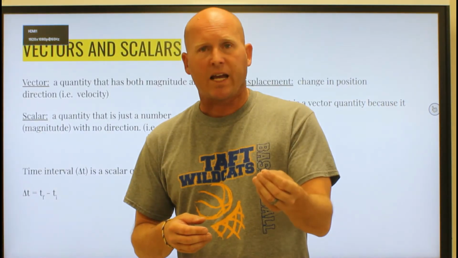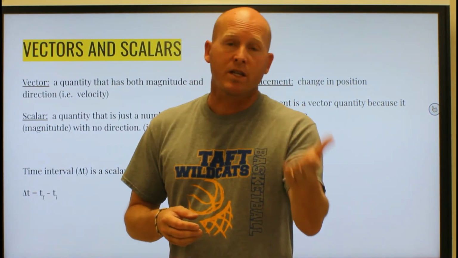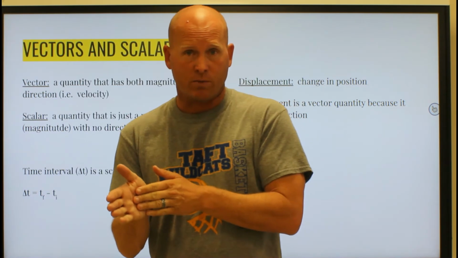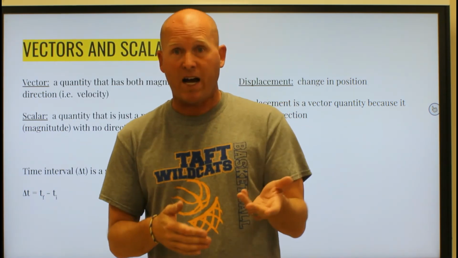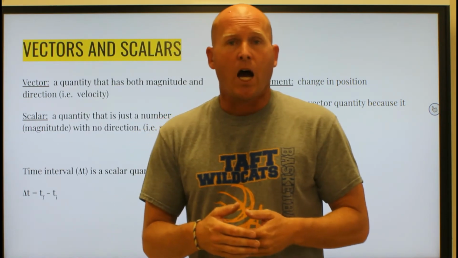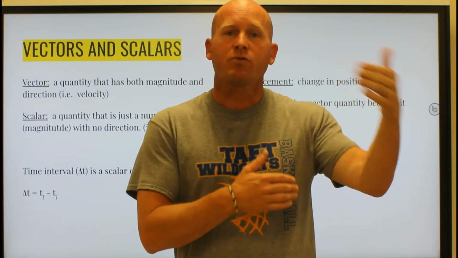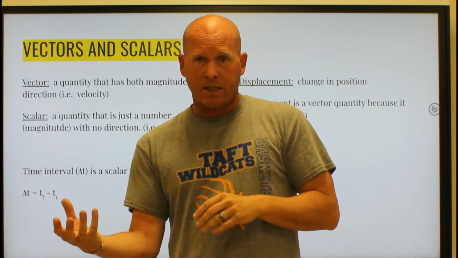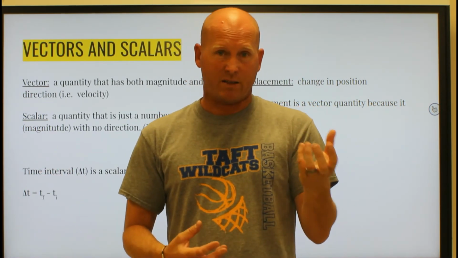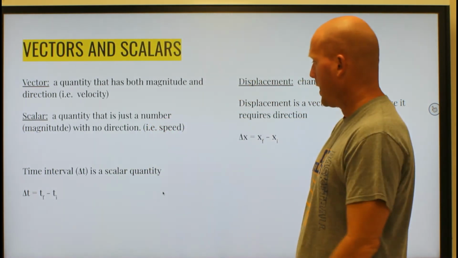You gave them the number. Scalars are just numbers, okay? Where vectors are not only the number, but also the direction in which we're going. So if someone asked you how fast you're going, if you wanted to make it a vector quantity, you would say, I'm going 20 towards Bakersfield. Now you've turned what was a scalar quantity into a vector quantity. Okay? So that's the main difference between the two.